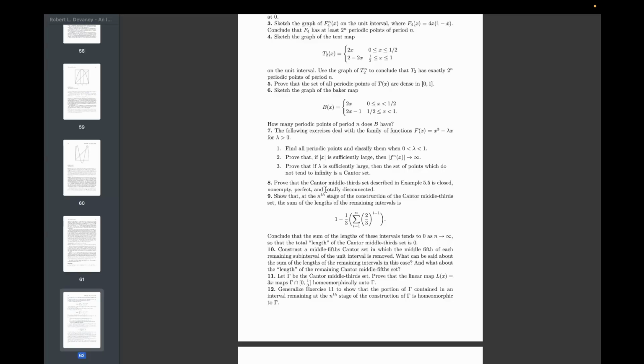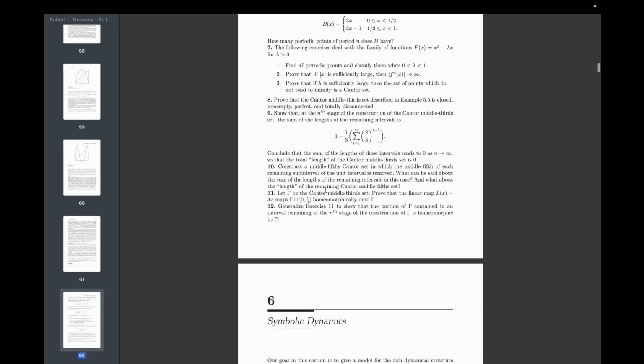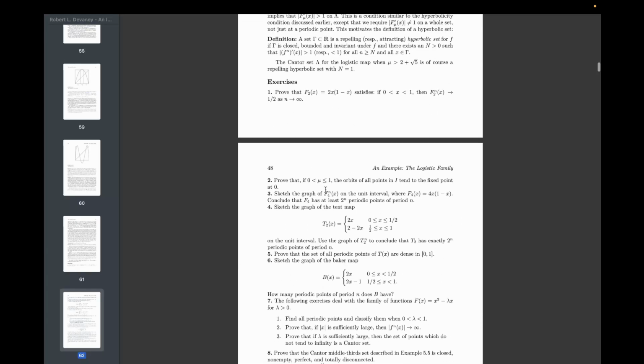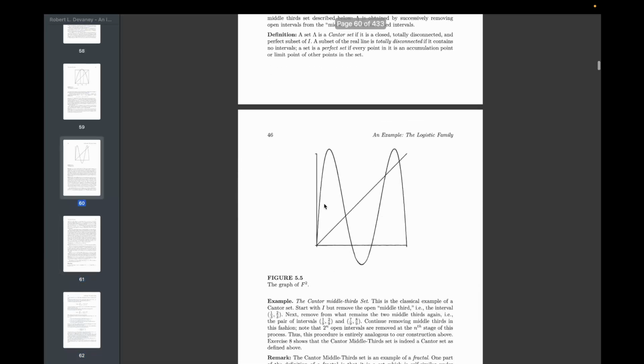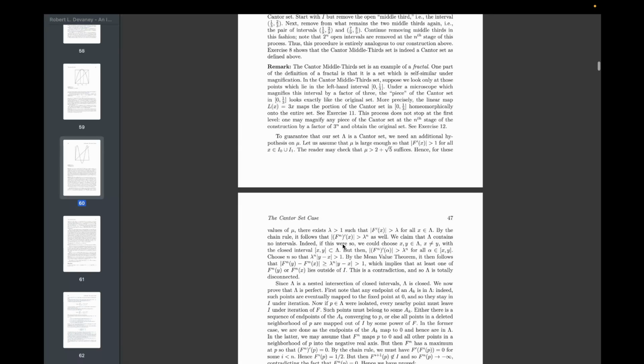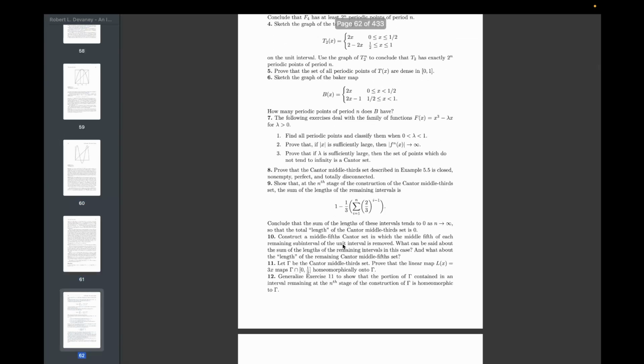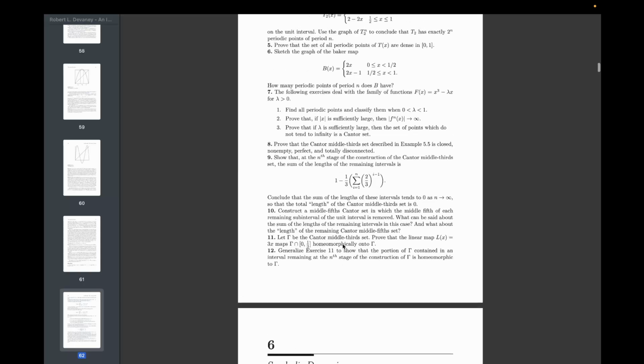But apparently somewhere between 1/3 and 1/4, something weird happens. Maybe that's a bifurcation like from before. But essentially the Cantor set is self-similar. It's a fractal, which is what this book is alluding to in the later chapters.